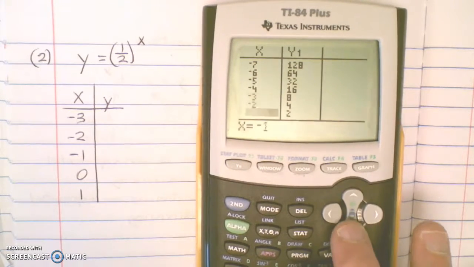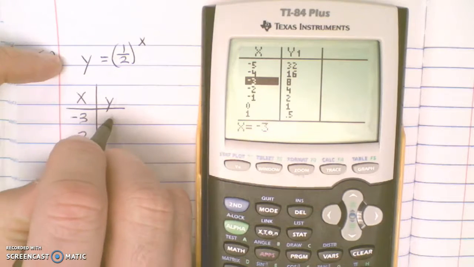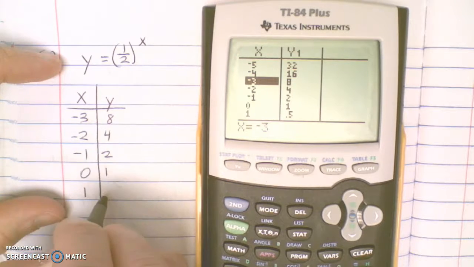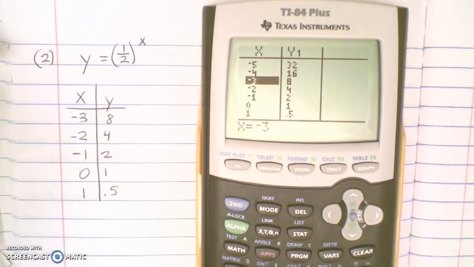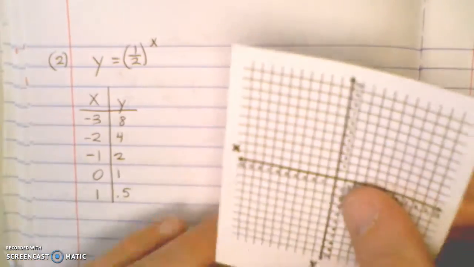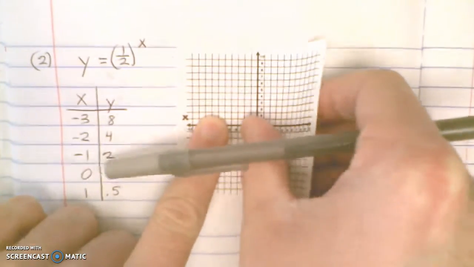So when I have -3, I have 8, then 4, 2, 1, and 0.5. So in the table, I can see the y values decreasing as well. It kind of gives you a sense of when you have growth versus decay. So using our graphs, we can plot these points and then identify the key features of this function.